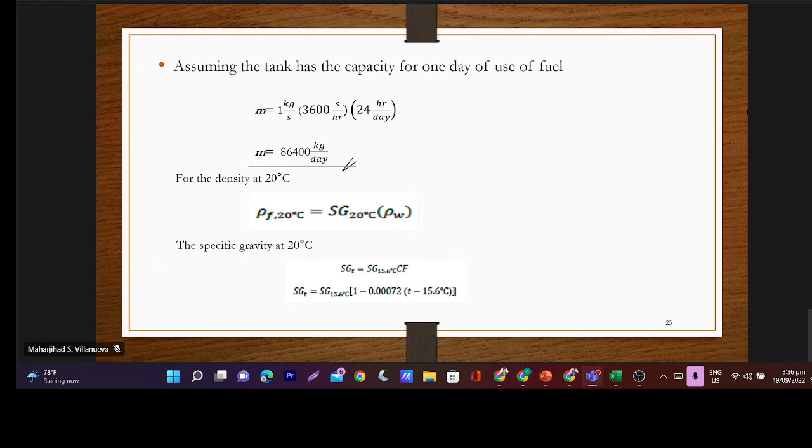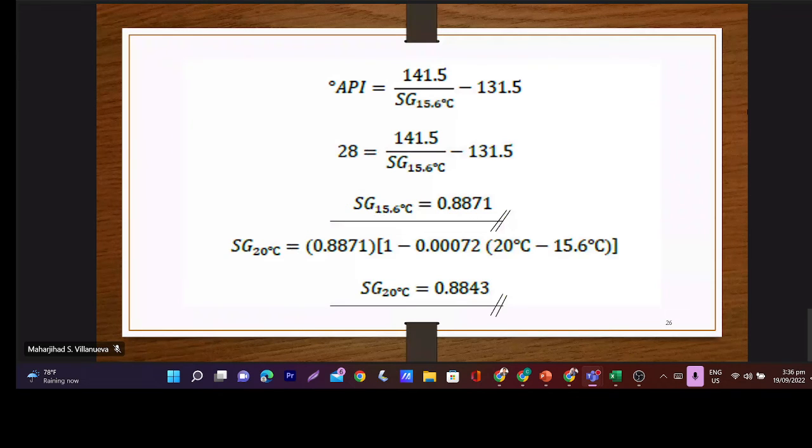The specific gravity at 20 degrees Celsius naman ay yung kaninang formula, which is yung specific gravity at 15.6 degrees Celsius multiply sa correction factor. At ang gagamitin natin na correction factor ay yung SI unit.